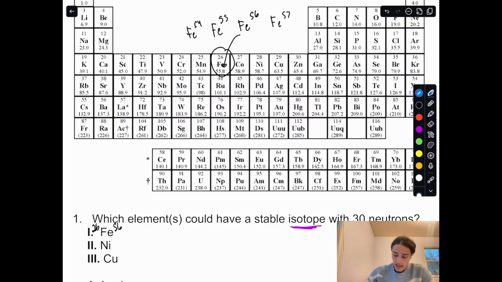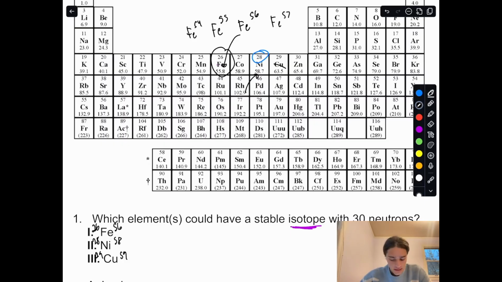We do nickel next. Nickel has an atomic mass of 58.7 and an atomic number of 28. So 28 plus 30 is 58. And if we did copper, it'd be 29 and 59. So 58 seems pretty reasonable because the atomic mass is 58.7.